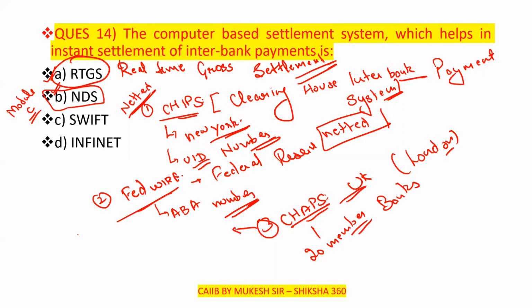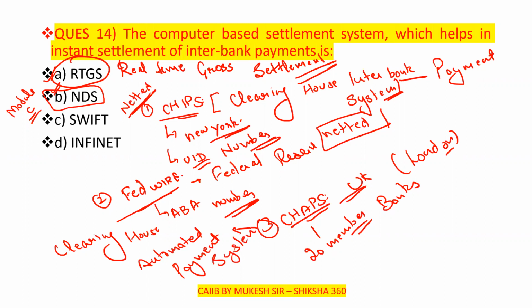The full form is Clearing House Automated Payment System. Please remember all these things. They are very, very important from the examination point of view.